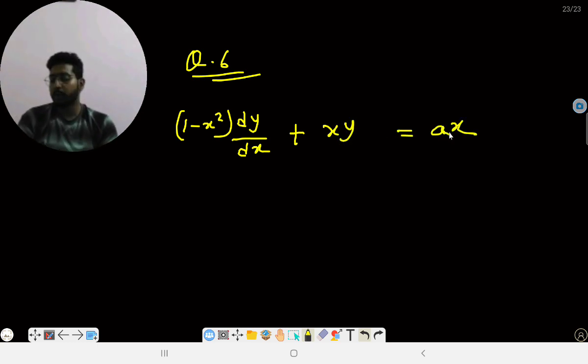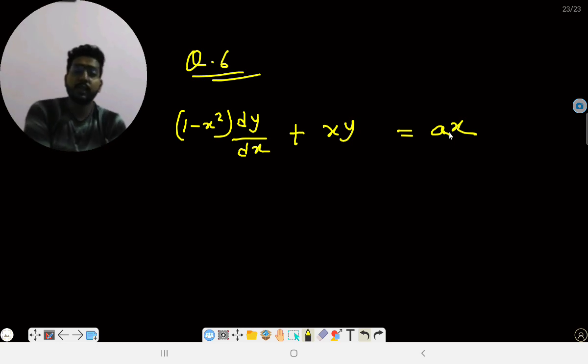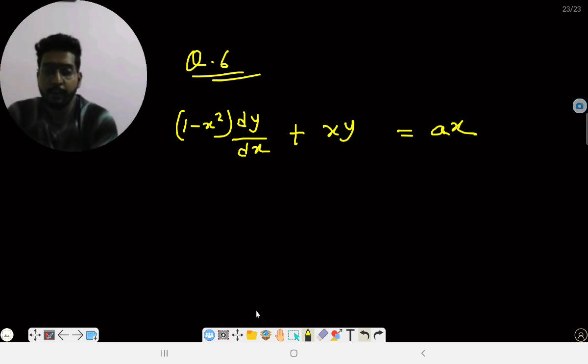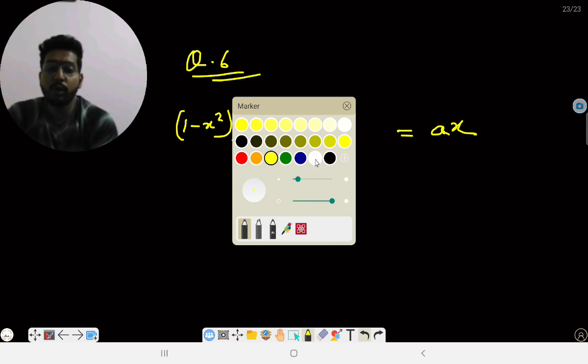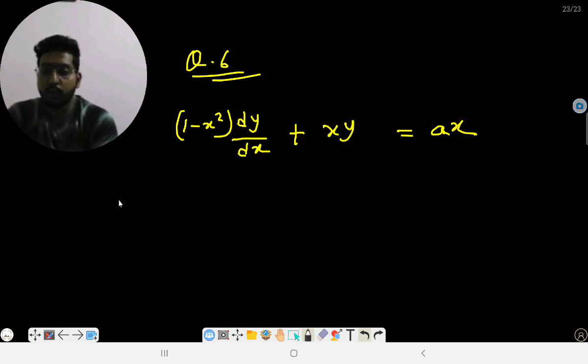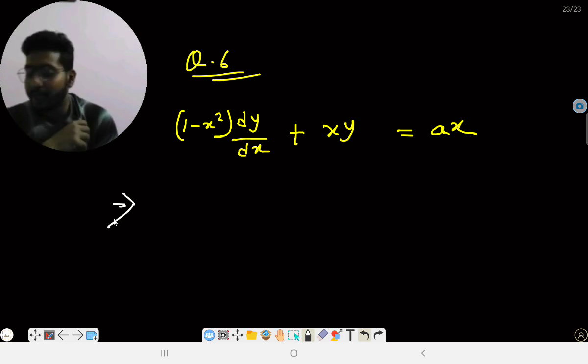Okay, like this, 1 minus x square dy/dx plus xy equals ax.